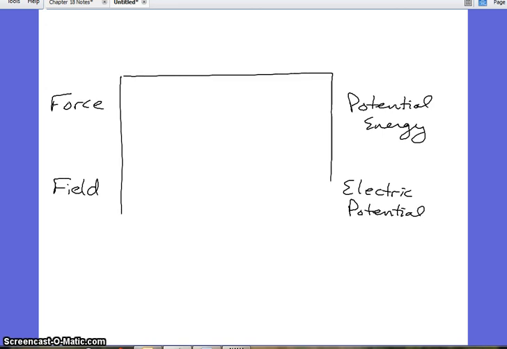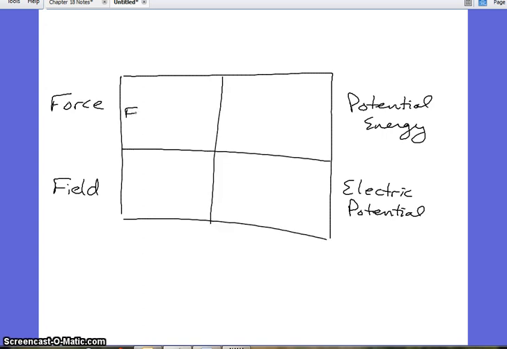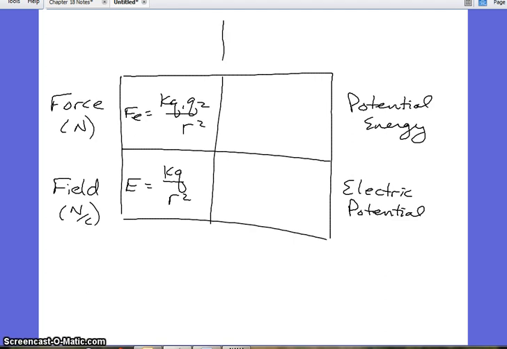And so we look at the equations that we've been using. The electric force, the force, is KQ1 Q2 over R squared. That's measured in newtons. The field is KQ over R squared, and it's measured in newtons per coulomb. And these two values are vectors.